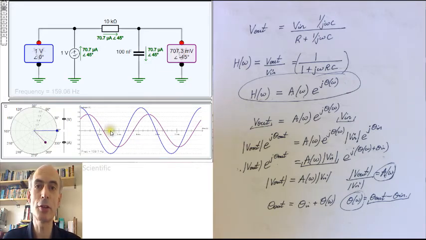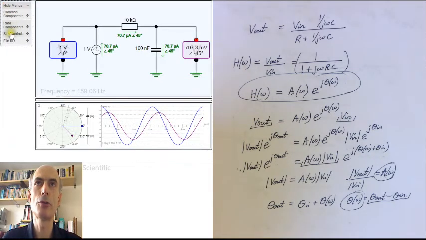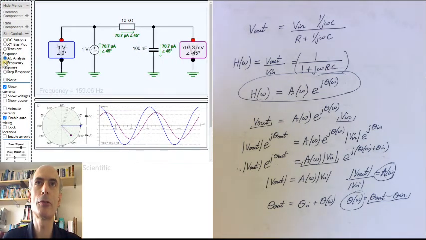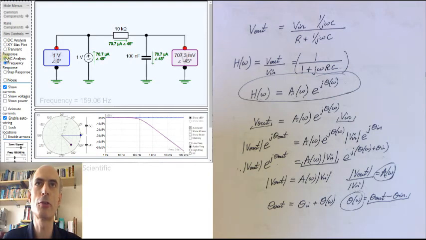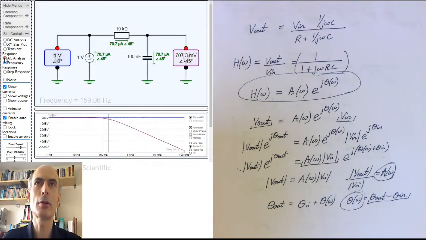You can ask the simulator to plot frequency responses as well. If we have a look at the menus, go into Sim Controls and head over to frequency responses, then you'll see that the frequency response of the output here is plotted on a scale of dBV against a logarithmic scale of frequency. And we'll talk about why we tend to plot on a dB scale against the log of frequency in a following video.